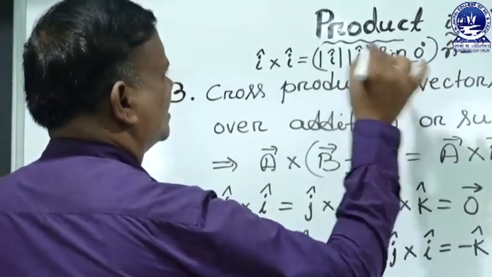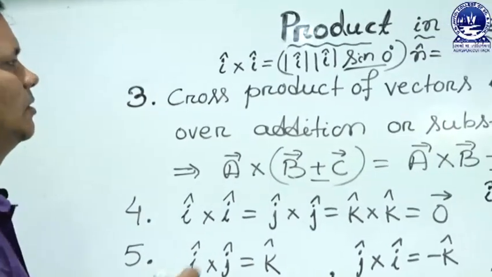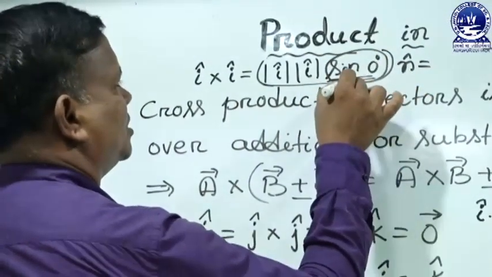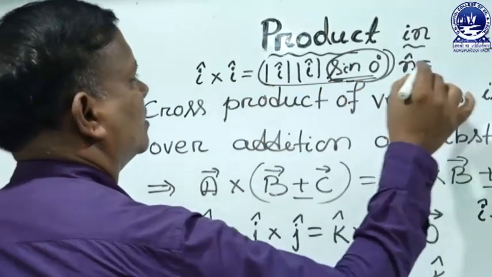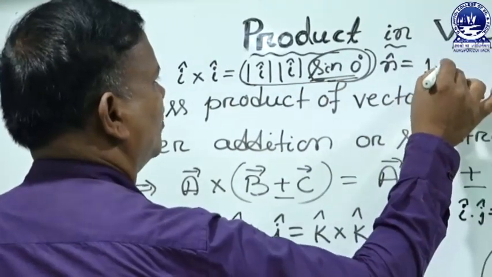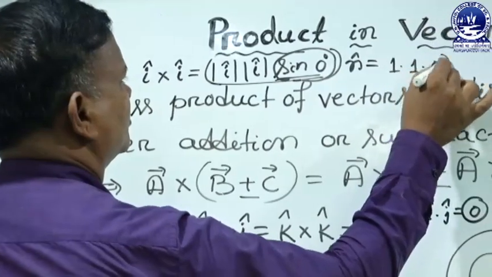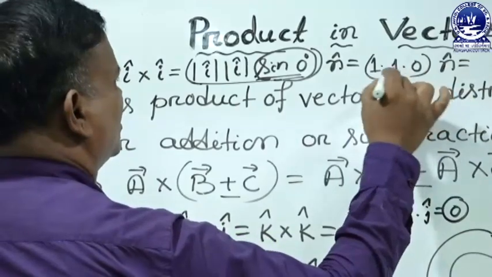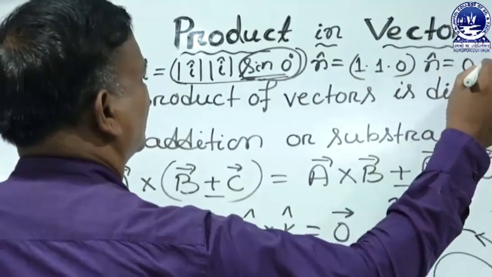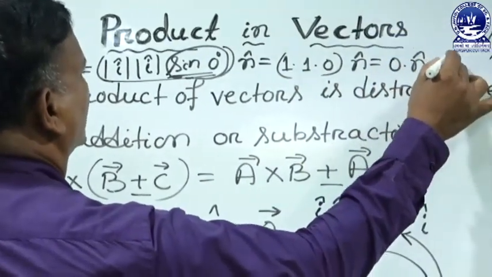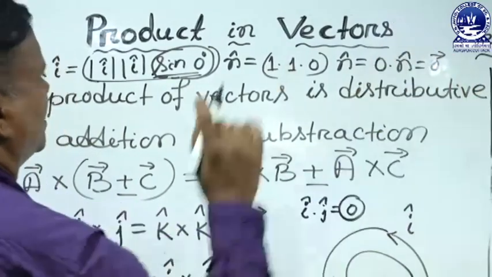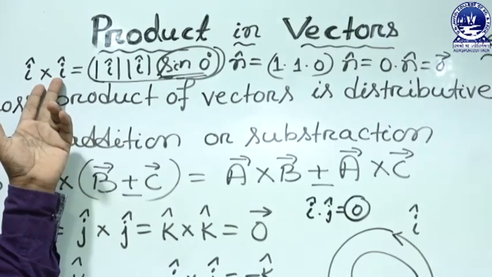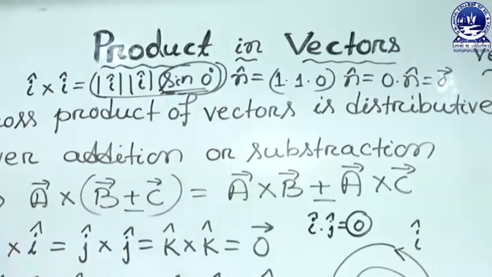But sine 0 degree is 0, so the result is 0. So it is 1 into 1 into 0, only the n cap. The result is 0, and 0 into n cap is also the 0 vector, because n cap has a direction. So i cap cross i cap is a null vector.